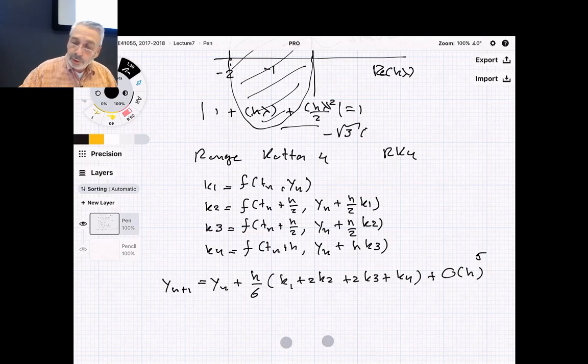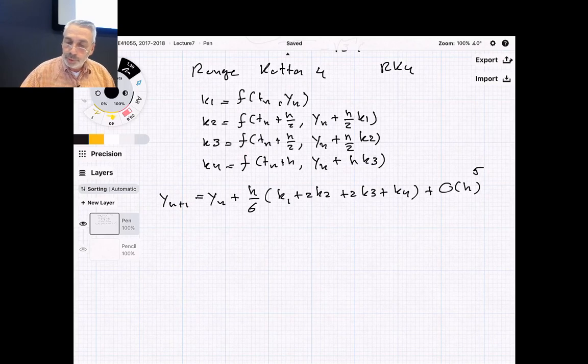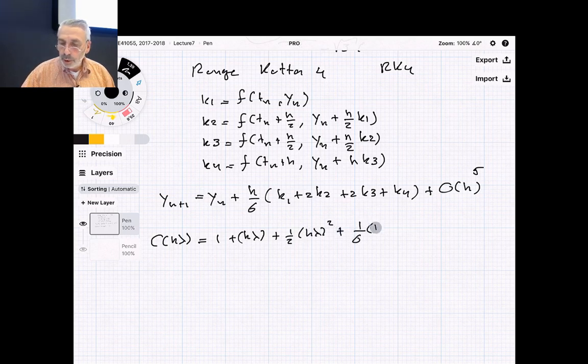Now the amplification factor, I won't burden you with the derivation of that, but the amplification factor takes on this form: 1 plus h lambda plus 1 over 2 h lambda squared plus 1 over 6 h lambda to the power 3 plus, of course, 1 over 4 times 6, h lambda to the power 4.